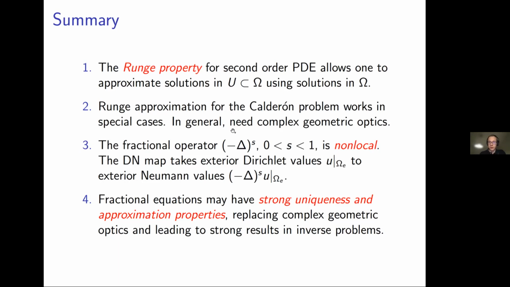But in general, you need complex geometrical optics methods to deal with general coefficients. On the other hand, when you go to the fractional case, this fractional operator is non-local, and these fractional equations may have some strong uniqueness and approximation properties, and this allows you to get better results, for instance, in inverse problems than you can do in the classical case.